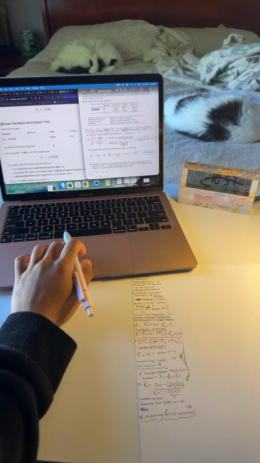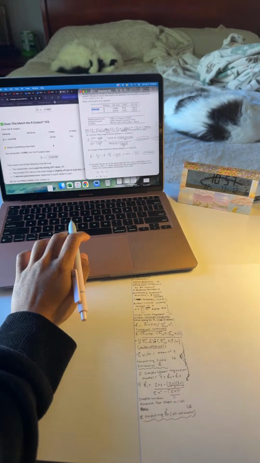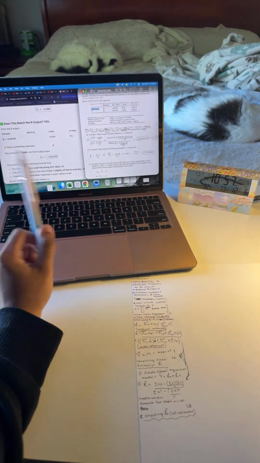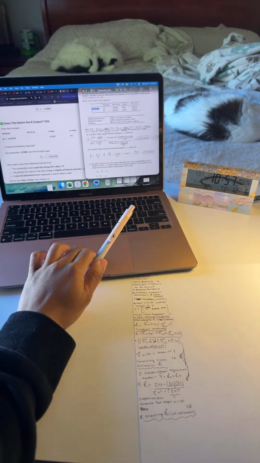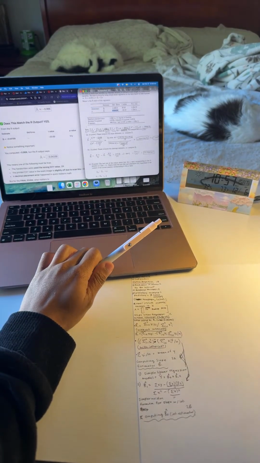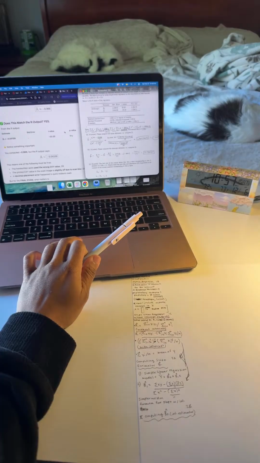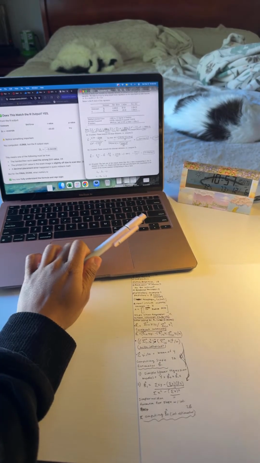So, can you basically calculate beta 1 hat by subtracting this value from 1? Because if that's possible, why go through all of this, bruh?